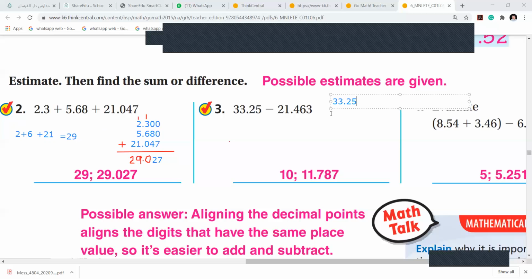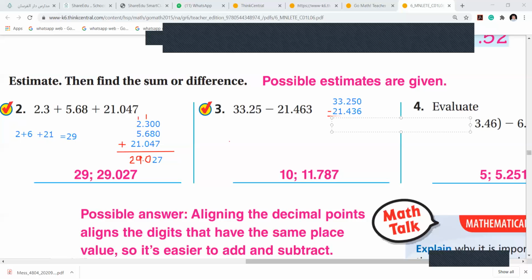33.25 minus 21.463. Don't forget to put a 0 here. Okay. When I minus it, this is 10 minus 6. 10 minus 6, what do you get?